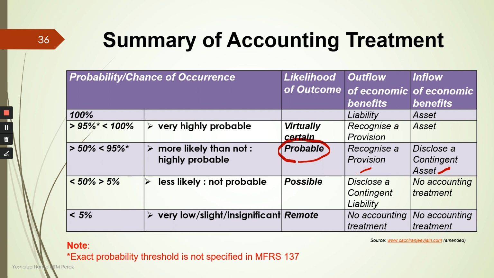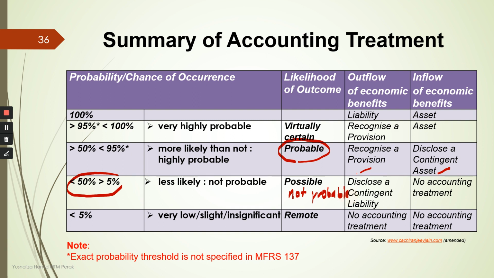However, if the outcome is just a possible outcome, when we talk about possible outcome, that is more than 5% but less than 50%. Another word for possible here is not probable.